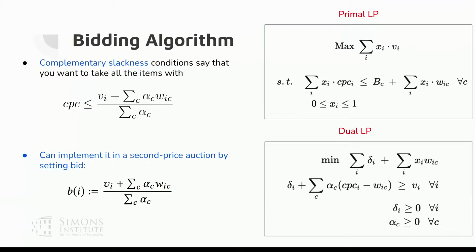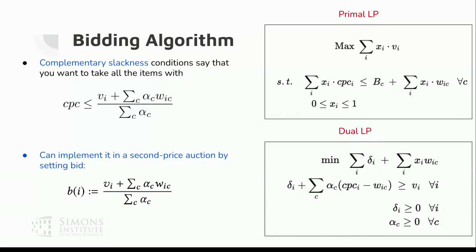And now, if the underlying auction was, let's say, a second price auction, then all you need to do is bid this amount, and then you'll win the item if the cost is less than that amount. And you won't win the other items whose cost is more than this amount.